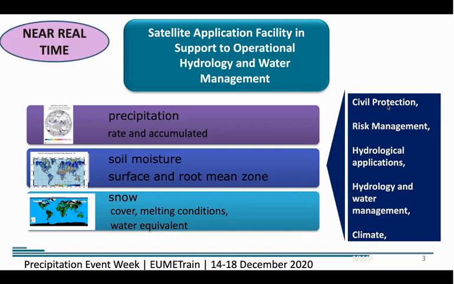What is important is that these products are all available in near real time and completely free of charge. These products are part of EUMeTrain, so they are available in near real time via EUMeTcast, but also through the HSAF FTP server.